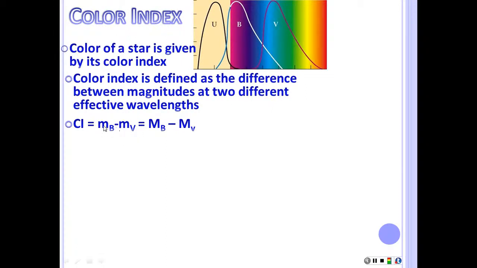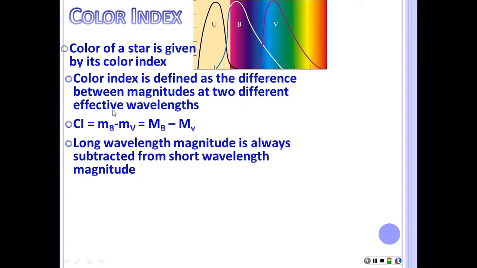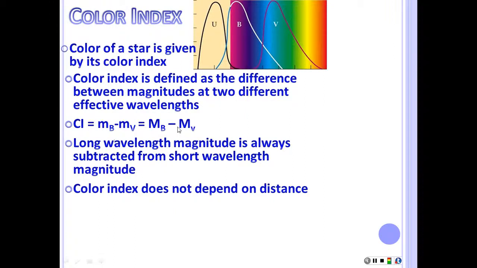And it doesn't matter whether you're talking about the apparent or the absolute. We always subtract the longer wavelength from the shorter wavelength, so it's always B minus V. It would be V minus I, R minus I, and so on. It doesn't depend on distance, because we're subtracting them, we're effectively getting rid of the distance factor. Any effective distance affects both measurements.